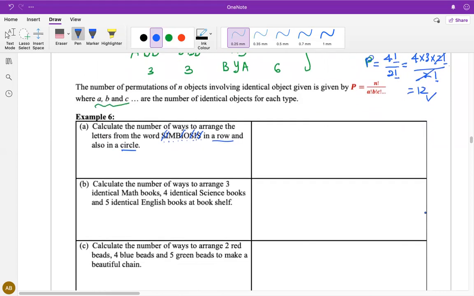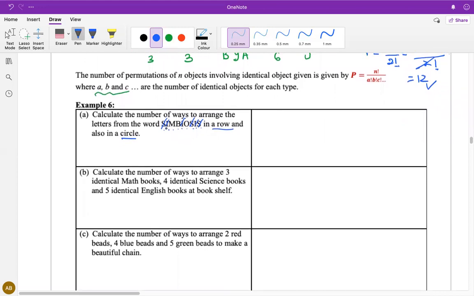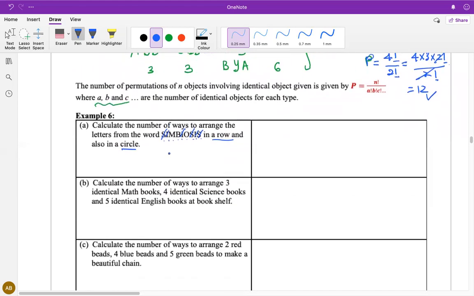All right, so now example 6. Calculate the number of ways to arrange the letters from the word symbiosis in a row and in a circle. Okay, a row and a circle. Symbiosis. So we check how many n first. 1, 2, 3, 4, 5, 6, 7, 8, 9. So there are 9 letters.